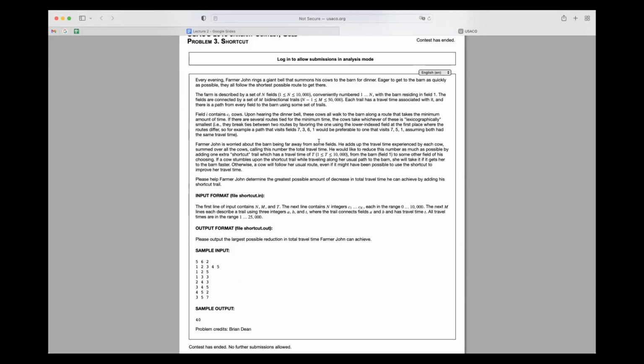The little bit of tricky part is the lexicographically smallest. The way you deal with lexicographically smallest is when your priority queue is sorting, you first sort it by its weight, and then after that, you sort it by the index of the tag. That allows you to automatically find the lexicographically smallest path.